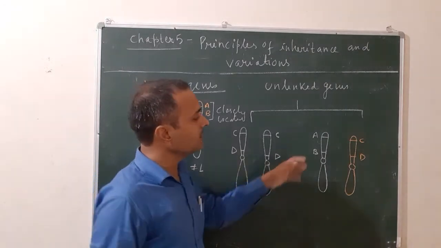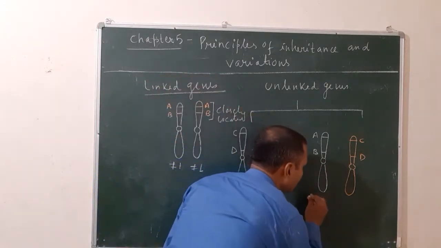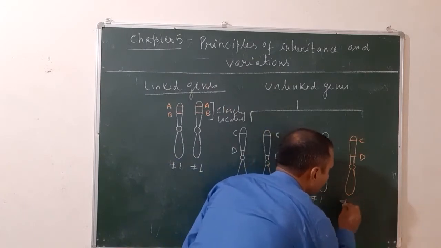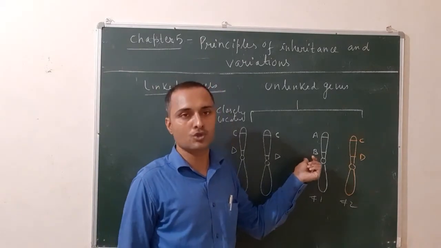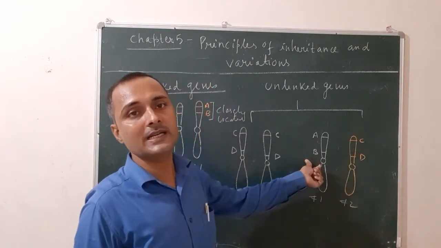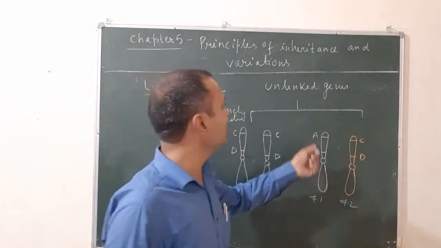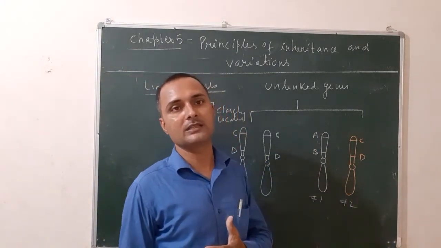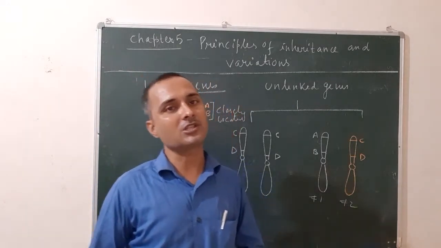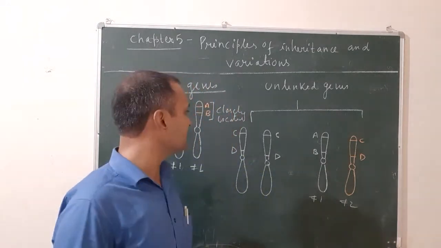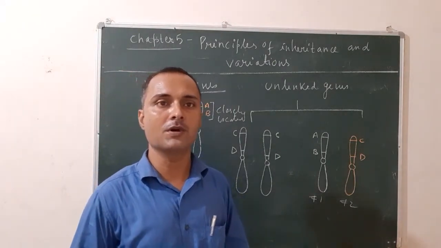And second, the genes that are present on different chromosomes, suppose chromosome number 1 and chromosome number 2, different pairs, and located distantly from each other, are known as unlinked genes. Unlinked genes show the process of crossing over and recombination, but linked genes do not, because due to less distance there is no crossing over.